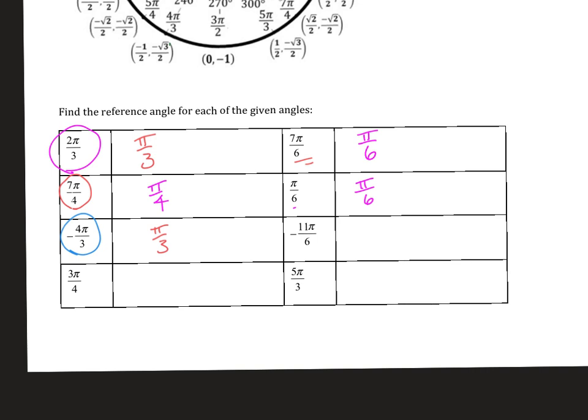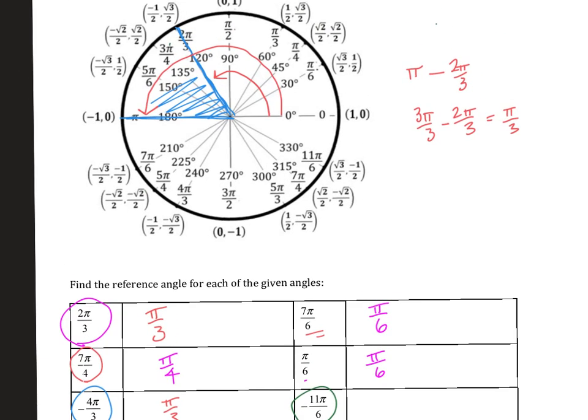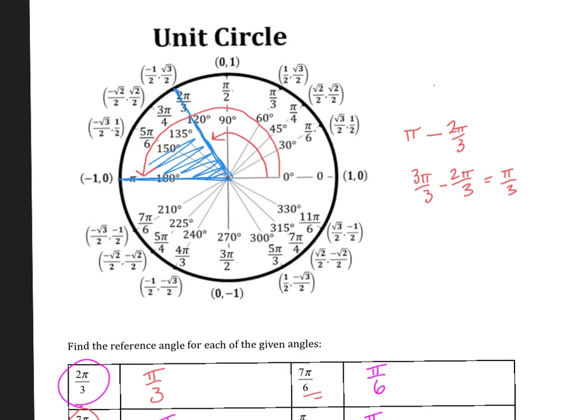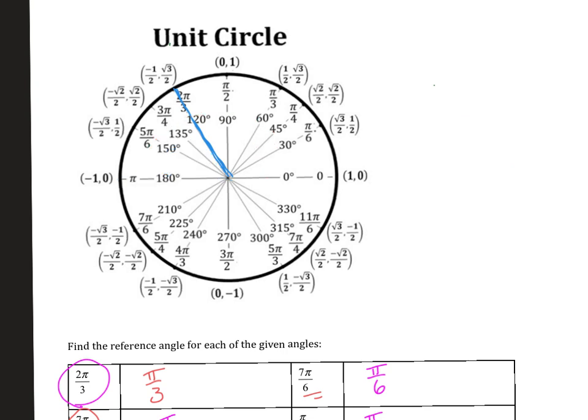All right, next, let's take a look at negative 11 pi over 6. Okay, oh, missed one. There we go. If positive 11 pi over 6 is here, from here to here I have to go through 3 full quadrants plus a little bit more.